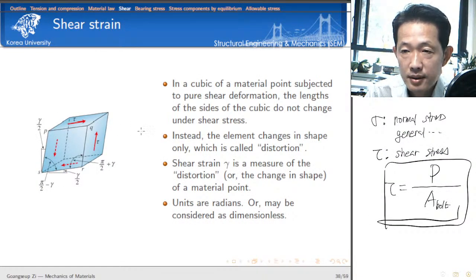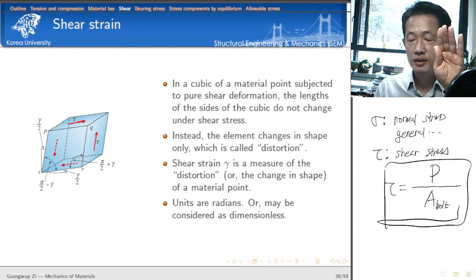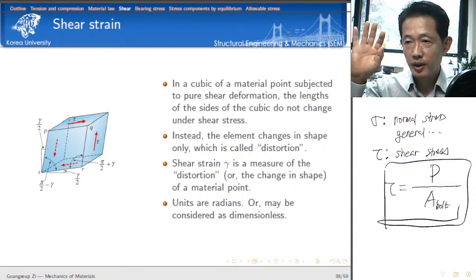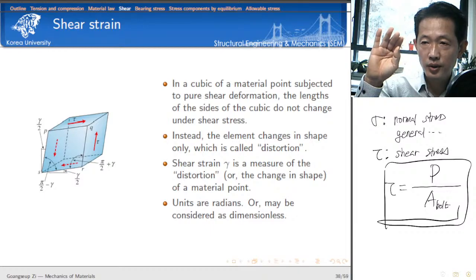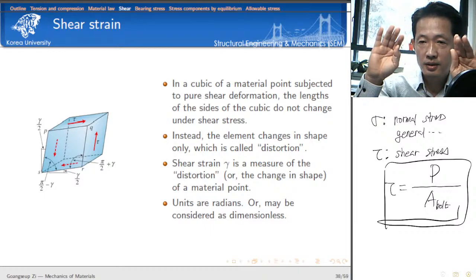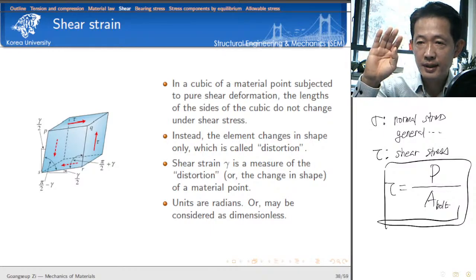Then how do you measure the shear strain? So look, when we discuss the material behavior, we need to discuss stress value, and then we need to discuss the strain measurement, isn't it right? So we just discussed how to measure the stress value using the shear stress tau.